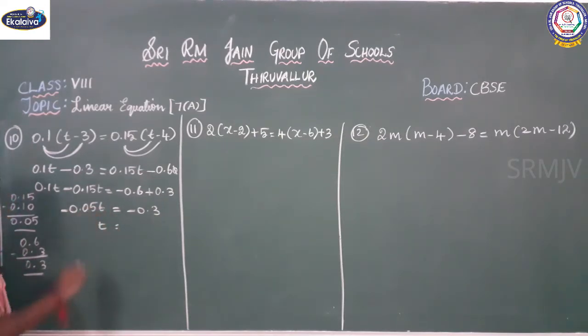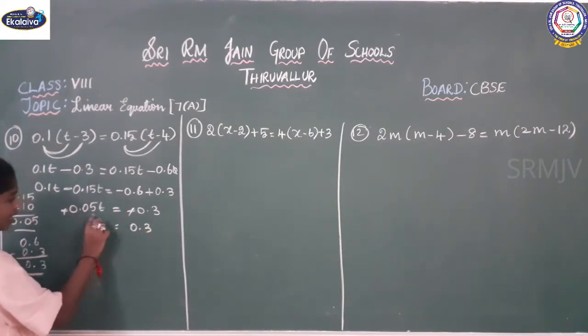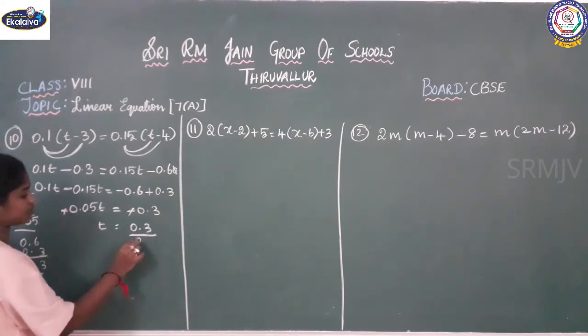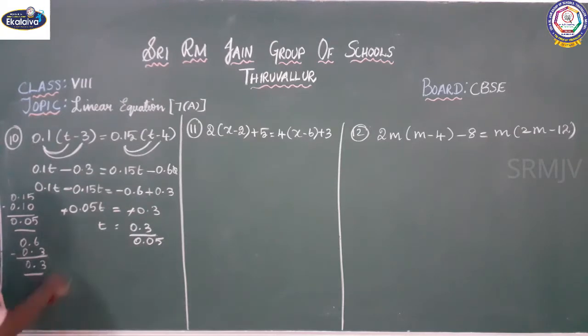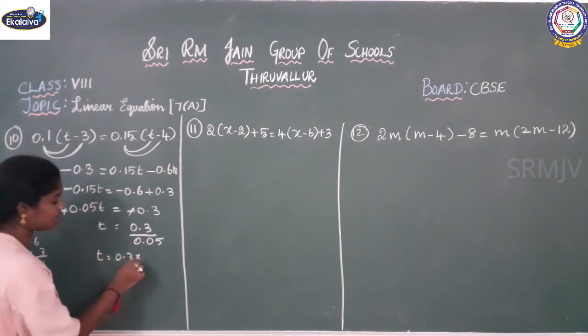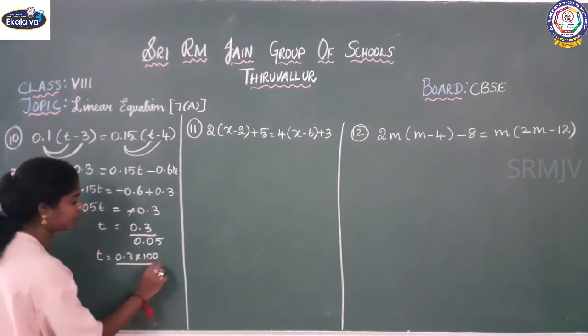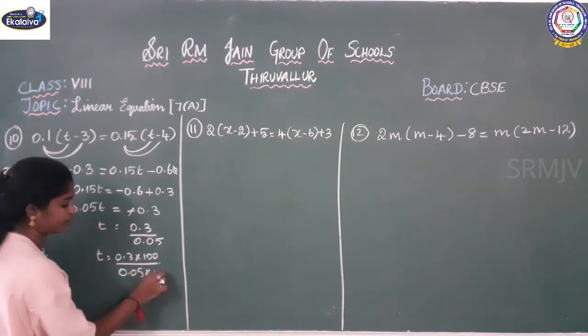Okay, I need to find the value of the variable t. So, I keep this t as it is and bring this minus, minus cancel, so 0.3 divided by 0.05. Now I have to make it a whole number. How many decimal places are there? 2 decimal places. So, I am going to multiply and divide by 100. 0.3 into 100 and 0.05 into 100.